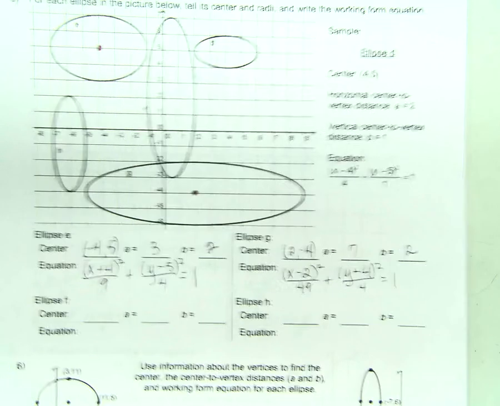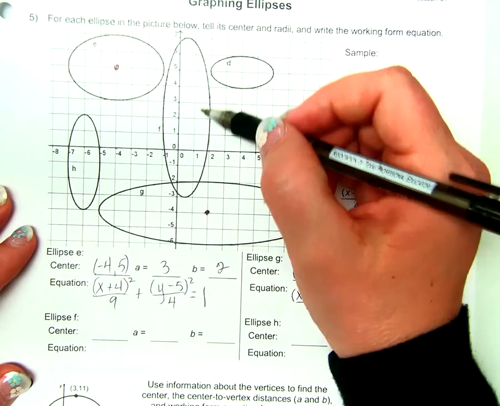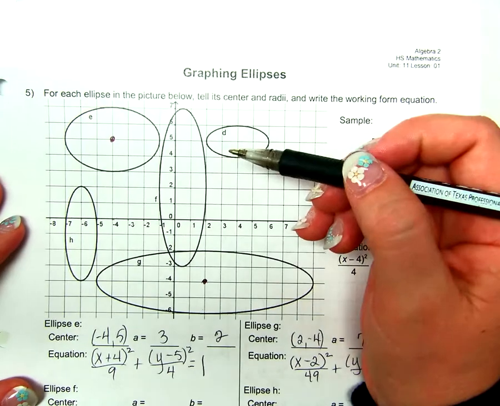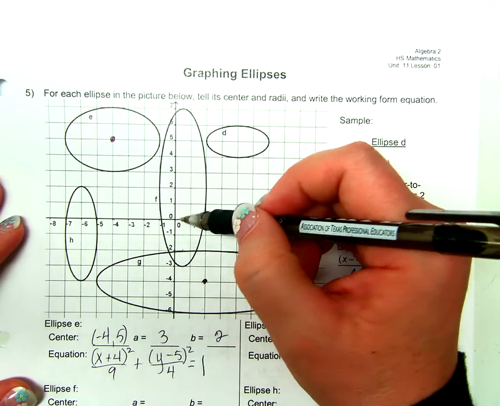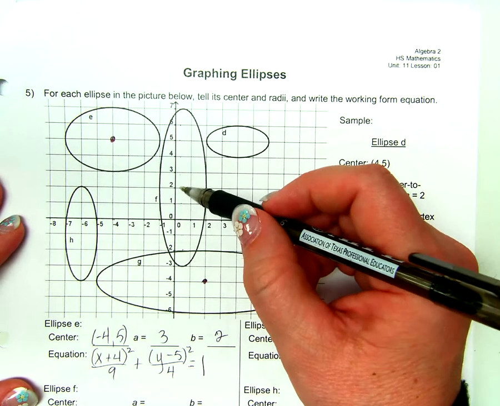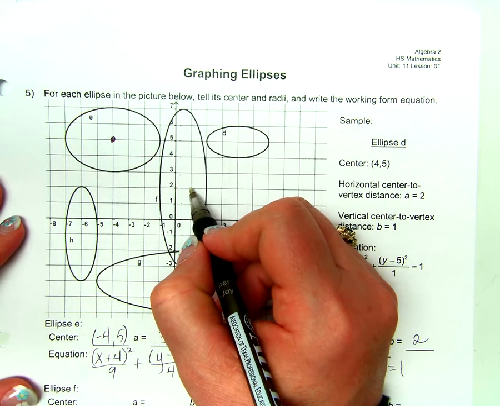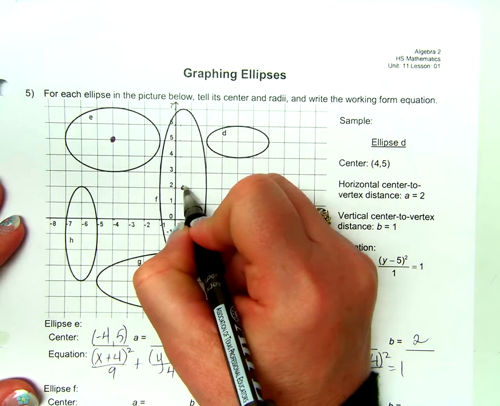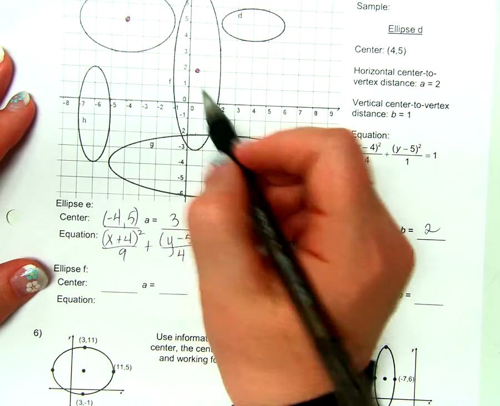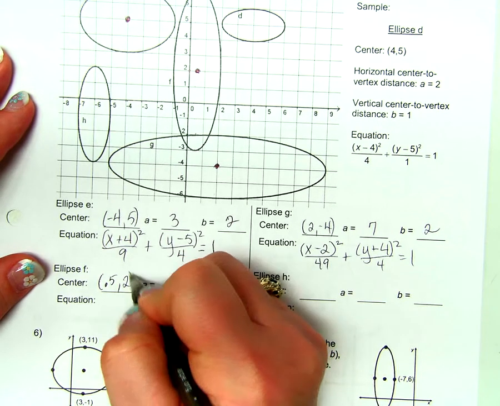F. F is where? Squidward's nose. 1, 2, 3, 4, 5, 6, 7, 8, 9, 10. So 5. 1, 2, 3, 4, 5. That's not the center. Oh my goodness. So (0.5, 2).